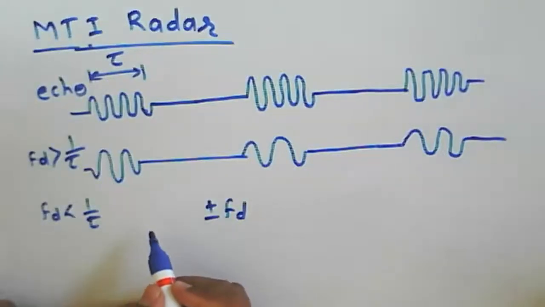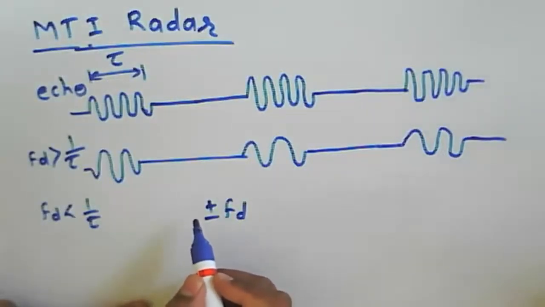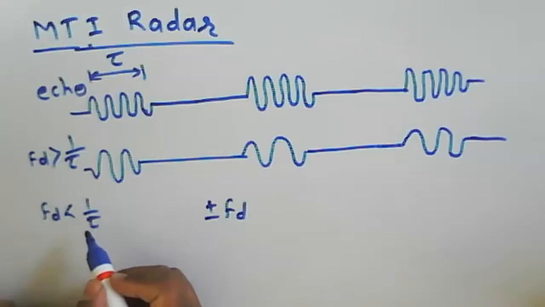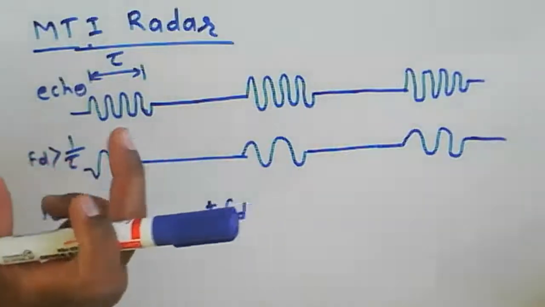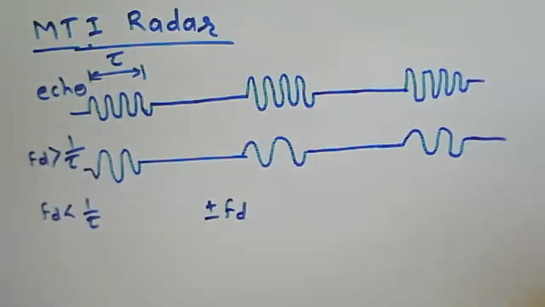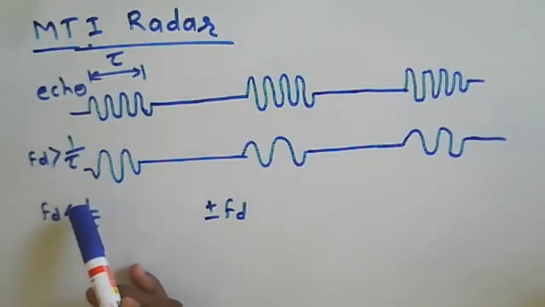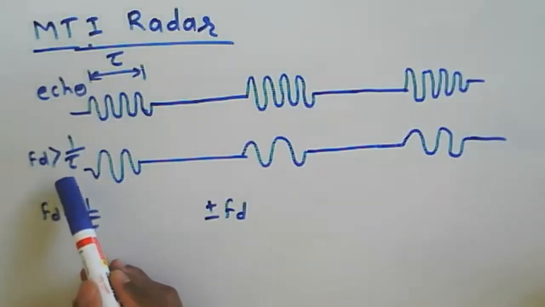So in that case fd may be greater than 1 by 2 tau, or fd may be less than 1 by 2 tau. Earlier we said that for a single pulse we require a duration of 2 tau. So in that case, to detect the Doppler frequency within that particular pulse, fd has to be greater than 1 by 2 tau.